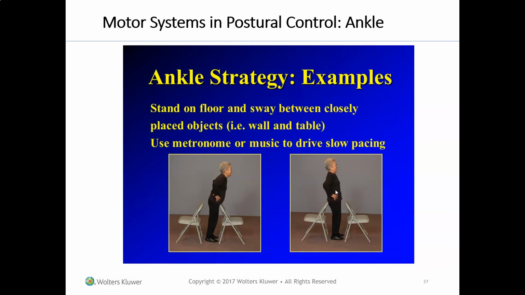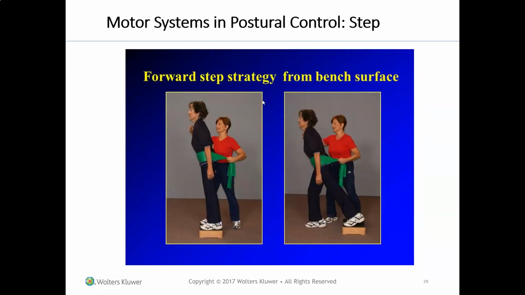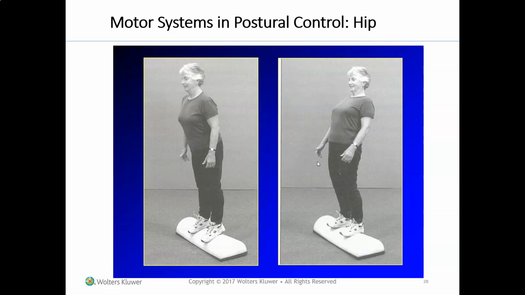Now the hip strategy, if you look, she's really using her hips to maintain good control right here. And then the forward step strategy from bench is boom. So she has to use a step strategy. So these are all different ways that you can train balance, reactive balance.